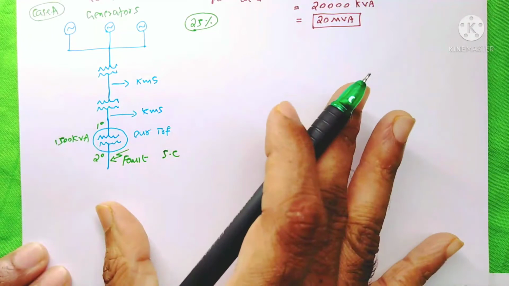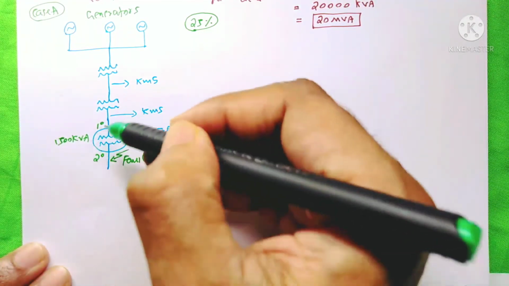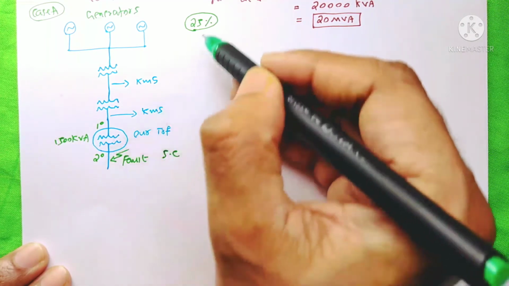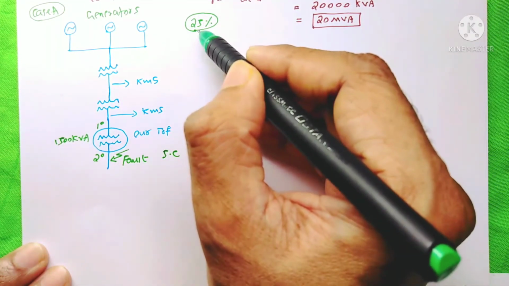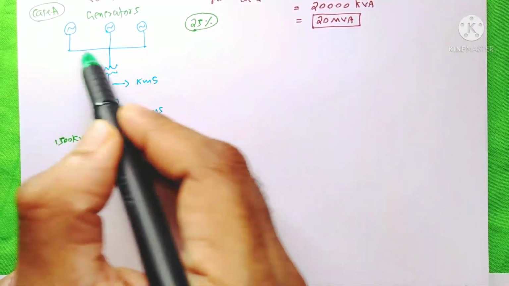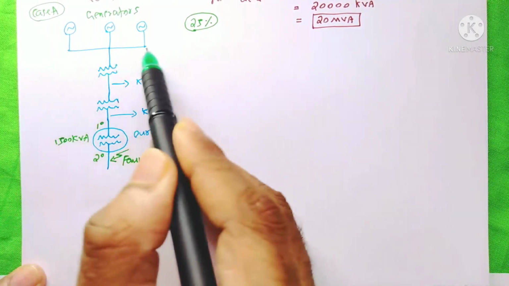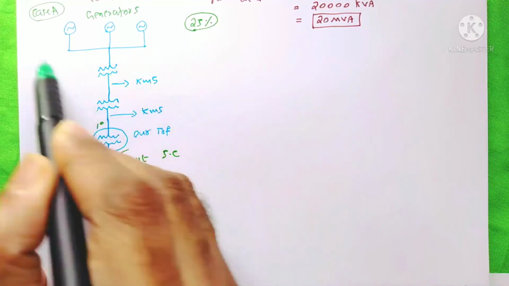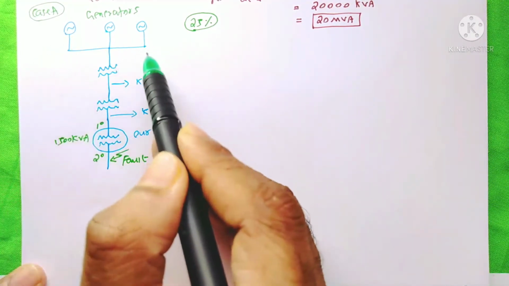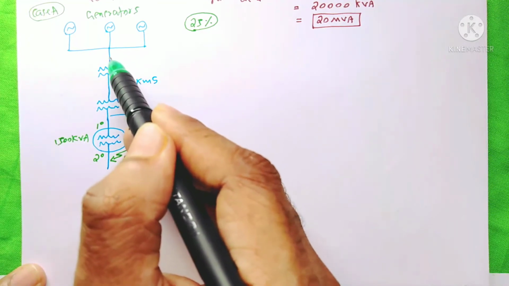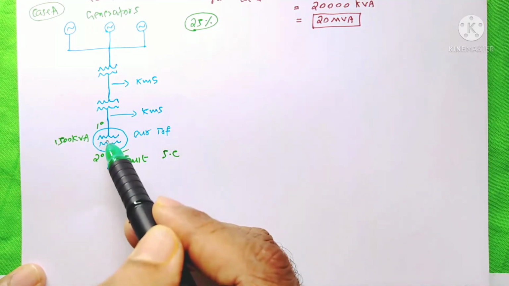But in our case, we did not have the primary side details of our transformer. That's why I take the 25%. Here these generators are in parallel, and when we calculate the per unit impedance of this parallel, the per unit impedance will be reduced, and after that it will be added to the transmission lines and these transformers.